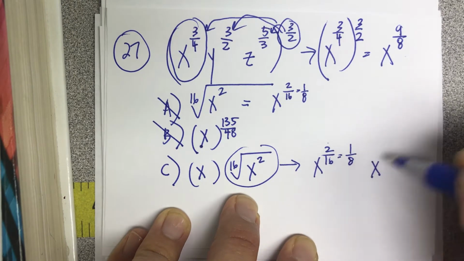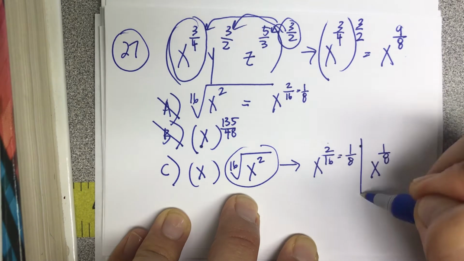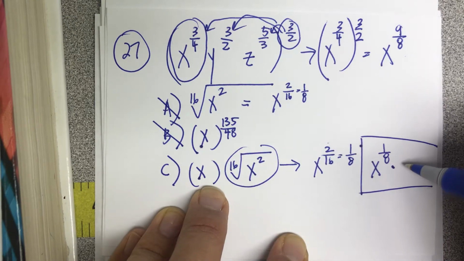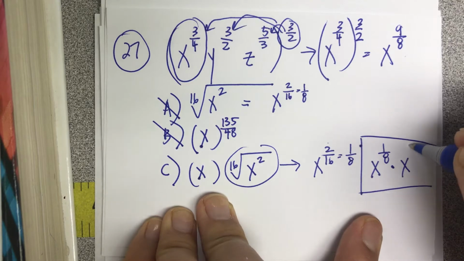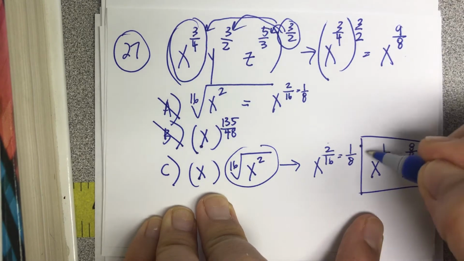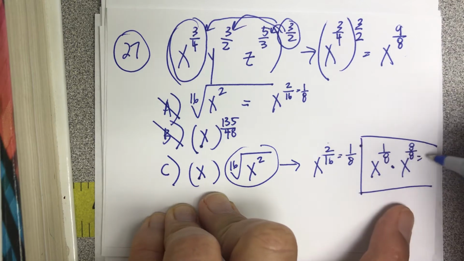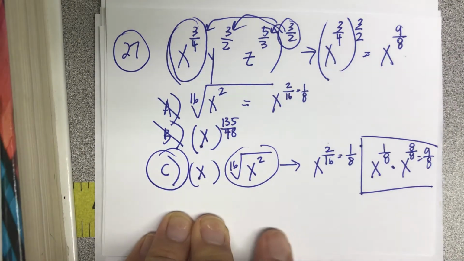So we got x to the 1 over 8. So this is my new one, multiplied by x to the 1. And a 1 is the same thing as 8 over 8, right? So what happens when you have these two together? You have to add them, and that's going to be 9 over 8. And so I know that C is my answer.